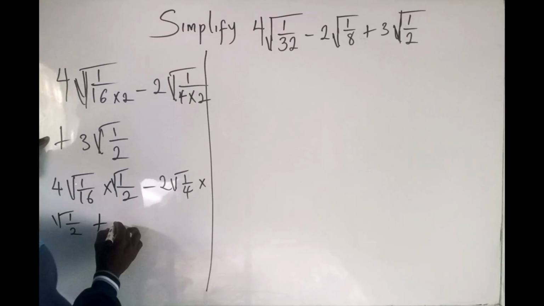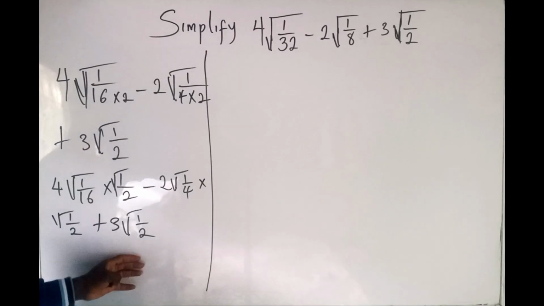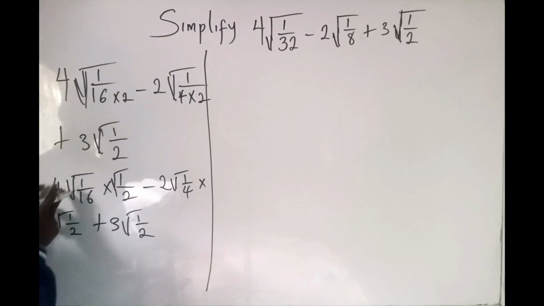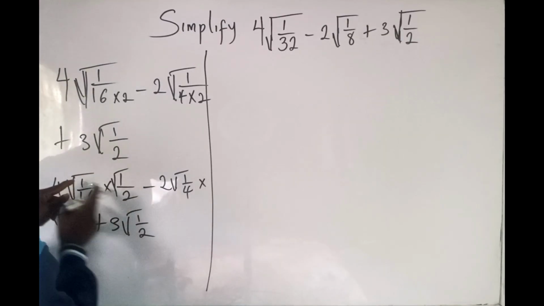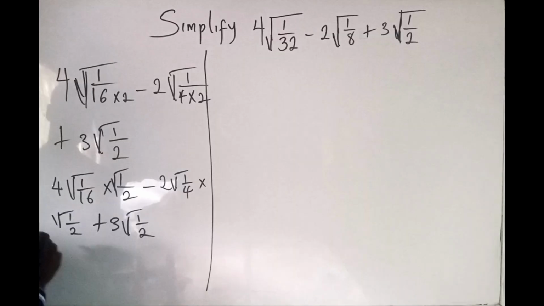Then we have plus 3 root 1 over 2. I hope you understand how we did it. We can get the same answer back. Root of 1 over 16 times root of 1 over 2 gives us this answer back. Okay? Now we go further.